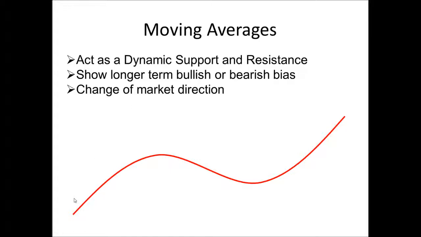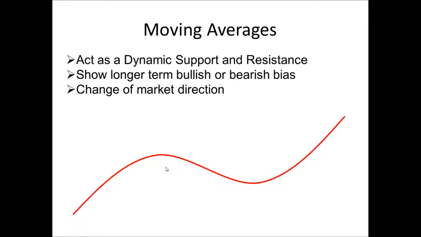With each closing of a candle, obviously that moving average shifts up a candle, and all the calculations of moving averages are plotted on a chart and then joined, and that's how we have this curve-like line created on our charts.